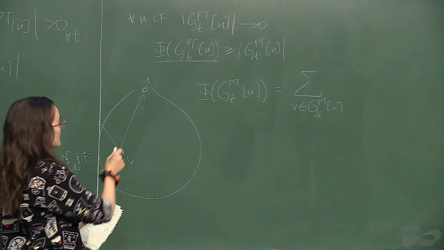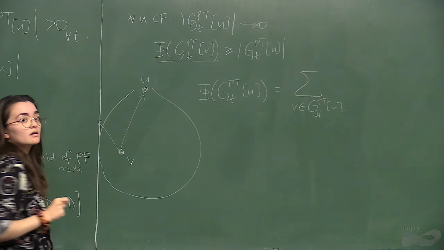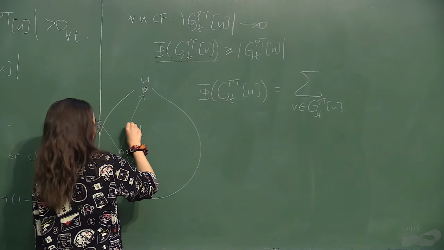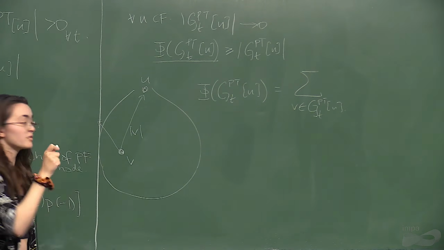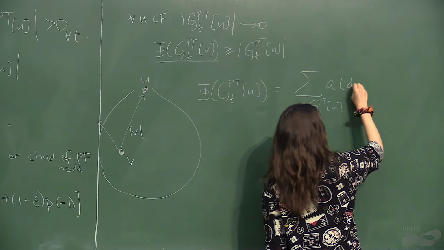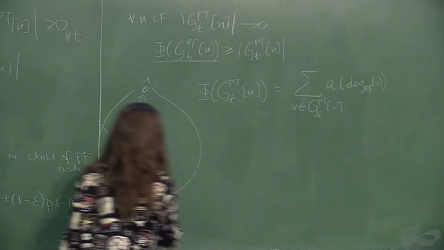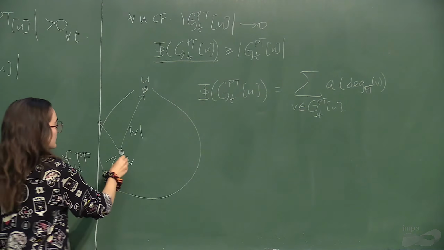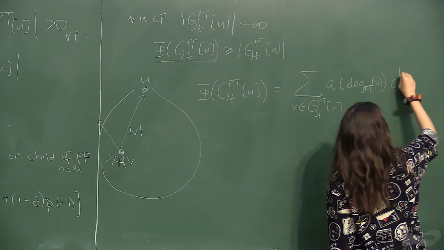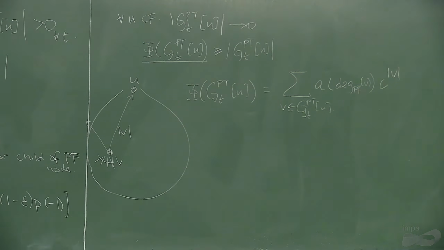But essentially, it represents how hard it is to remove this V. So if you let this be the distance to your nearest false node, then the potential is going to be A of the out degree of V, which represents just how much influence this has in terms of its degree, and then some constant to the power of that distance, some constant greater than 1.